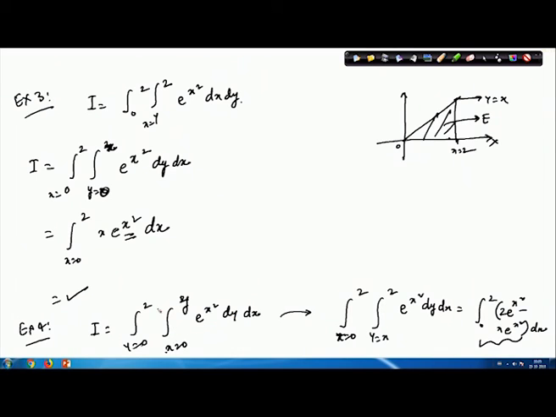So just by starting with a different form of integral, we can see that changing the order of integration may not always help. So sometimes it is useful, sometimes it is not, but most of the time it is useful. As in this example, it becomes rather complicated to integrate, especially the first term. So sometimes we don't have to change the order, but most of the time we do.